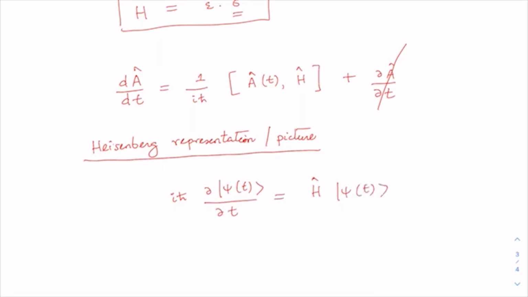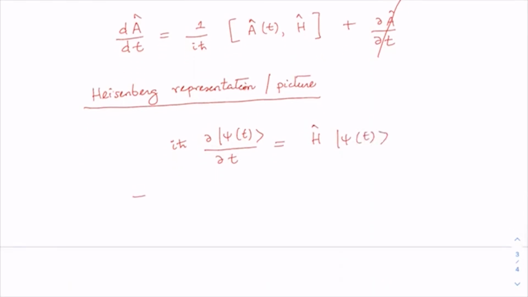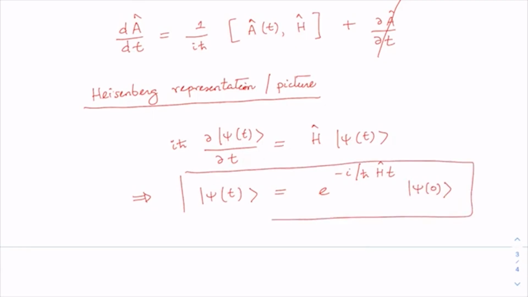This is the Schrodinger equation, and from here we know that we can find out how this state vector evolves in time, and we already talked about it. This is the so-called evolution operator, and it tells us how the wave function evolves in time.